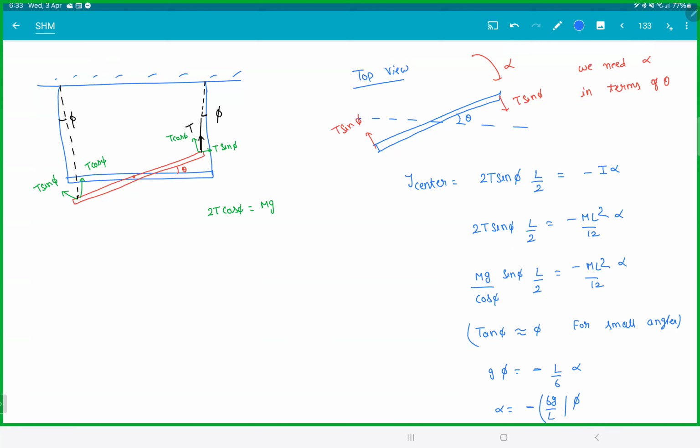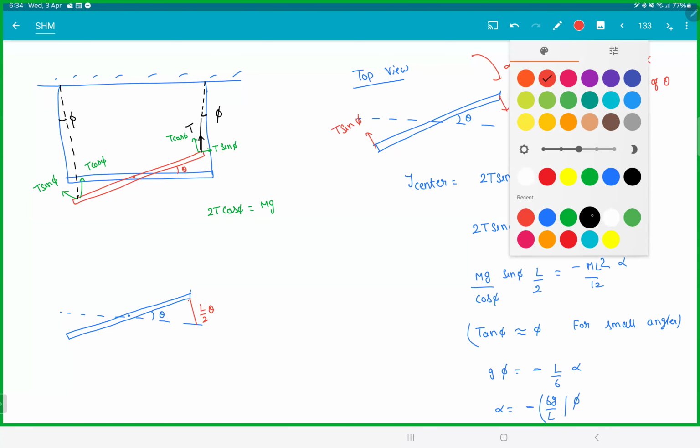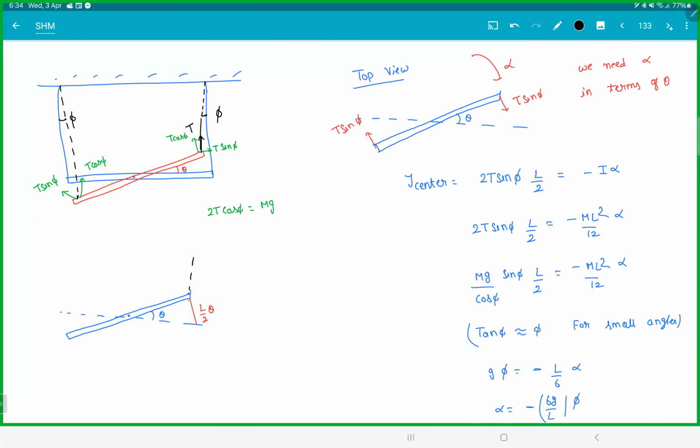Again, same thing. If you look at this, when you took this as theta, this length will be L by 2 theta. From the vertical perspective, this is phi.